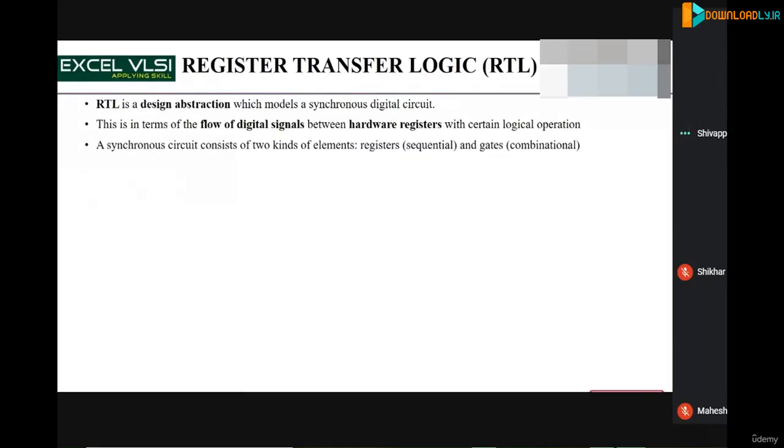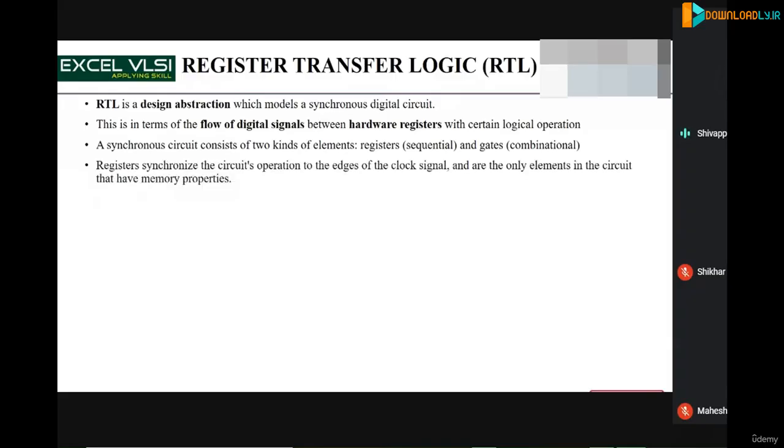The synchronous circuit consists of two types of elements, that is sequential and combinatorial. I think you are all aware of what is sequential and what is combinatorial. Combinatorial circuits have outputs depending only on inputs, and there is no memory in them. A register's output depends not only on the inputs but also on the feedback path, or the memory which is stored.